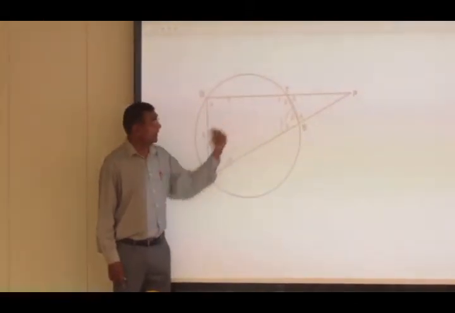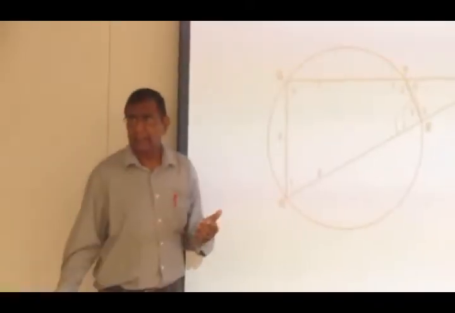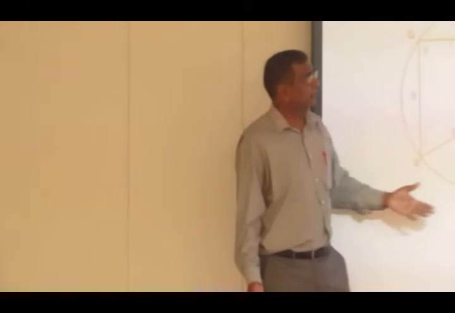Why is T3 equal to R? Exterior angle of the cyclic quadrilateral. That one is common. The 2 angles are equal, and therefore the 2 triangles are similar, and you'll be able to get number 1. So quickly do number 2. I'll demonstrate that to you as well, and that will get us to the end of the day.